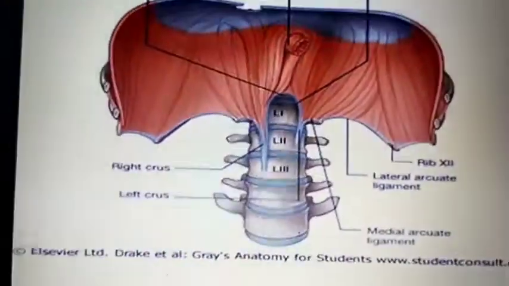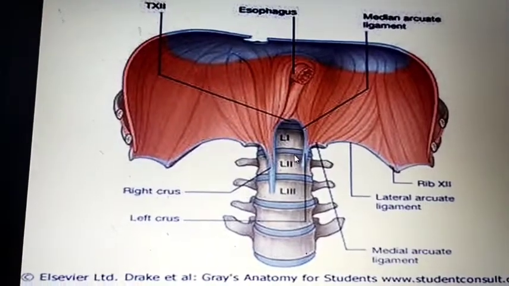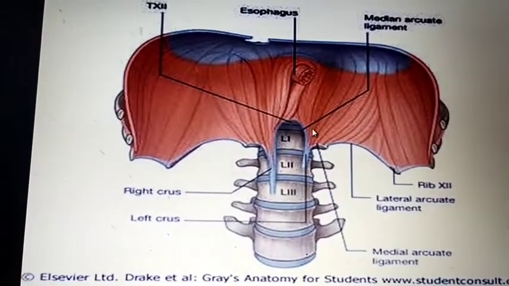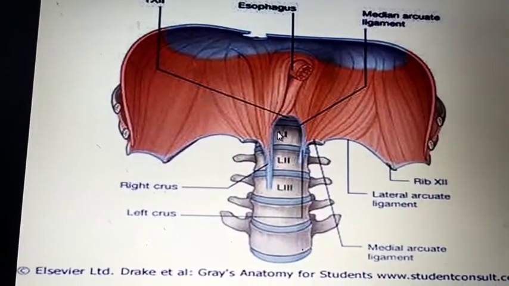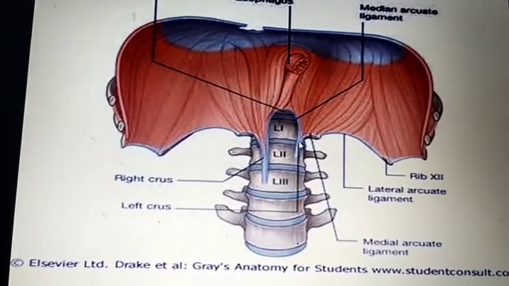In this you can easily make out, this is the right crus and this is the left crus. Right crus from the L1, L2, L3 and intervertebral disc, and this is the left crus.